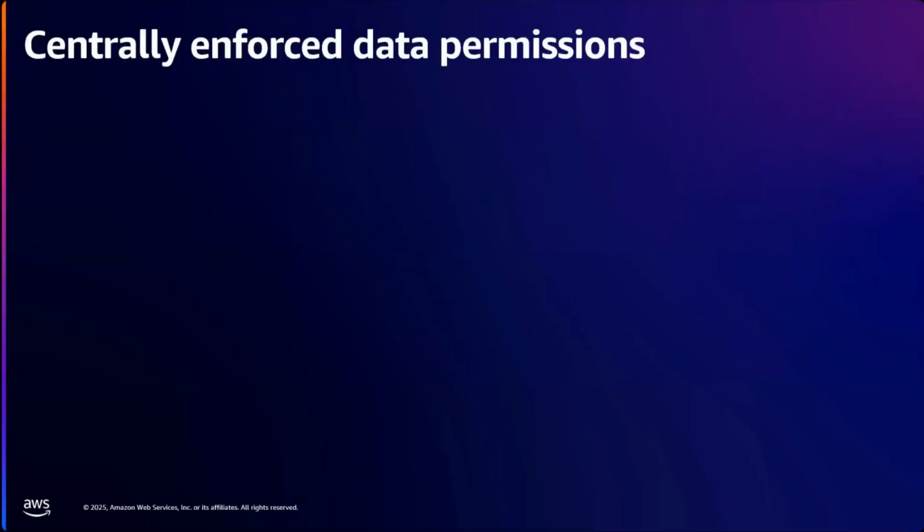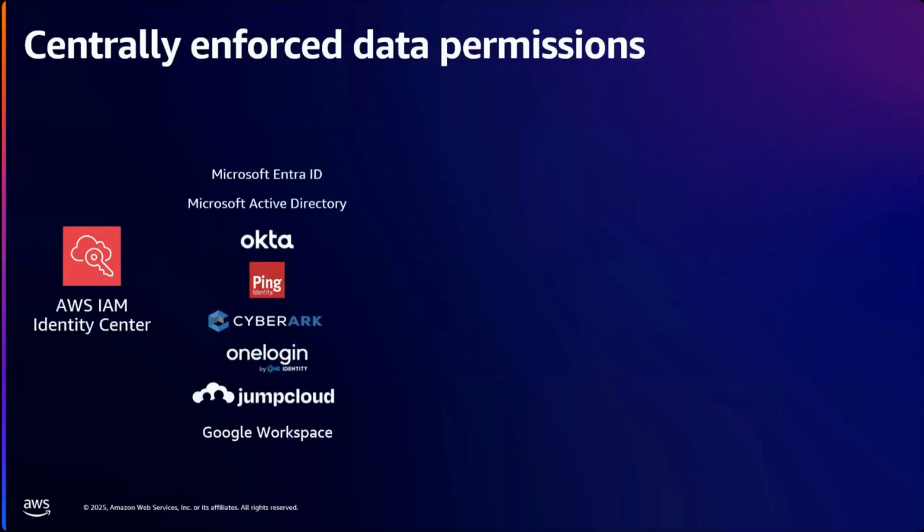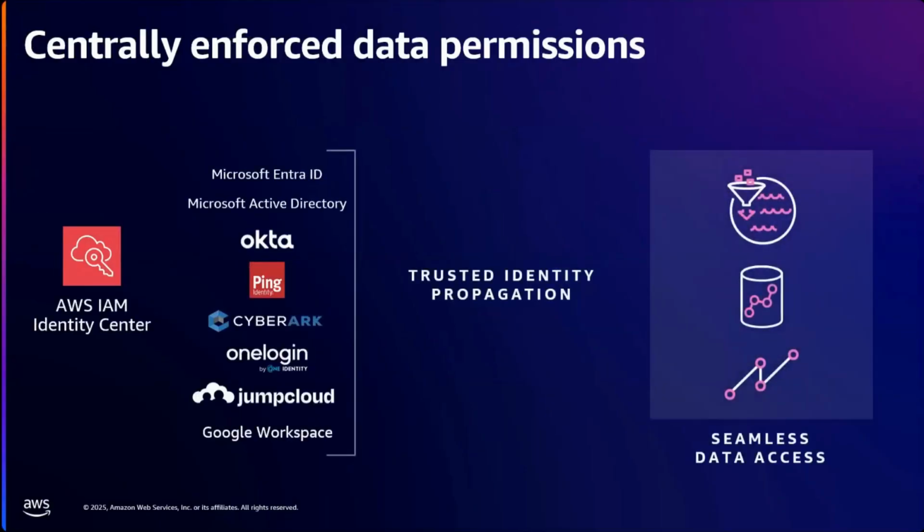Moving on, it's now important to know that we have centrally enforced data permissions, and that is through IAM Identity Center, or IDC as we say. So as we configure QuickSight through IDC, all your QuickSight users can subscribe to QuickSight using the IDC, and they can log in with their existing identity source without requiring any additional single sign-on configuration in QuickSight.